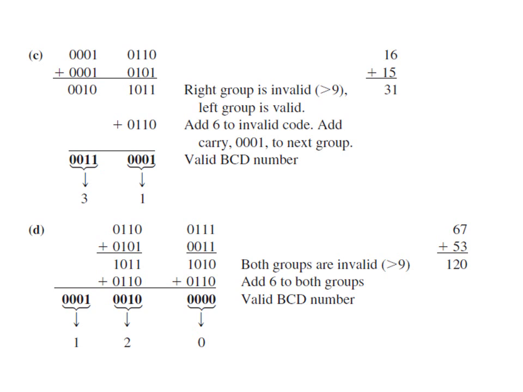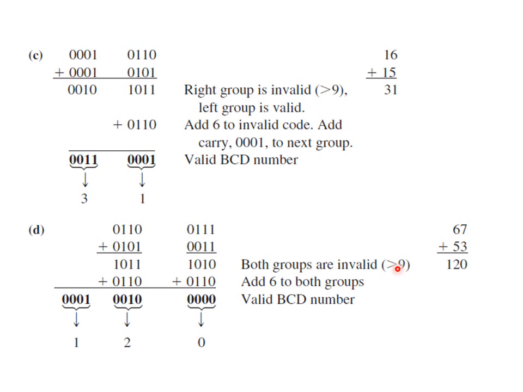In this way, the rest of the numbers are added. Here in example D, the numbers are 0110 and 0111, that is 67. This is 6 and this is 7. This is 67 plus 53. It will become 120. But when we perform binary addition, it becomes 1011 and 1010.